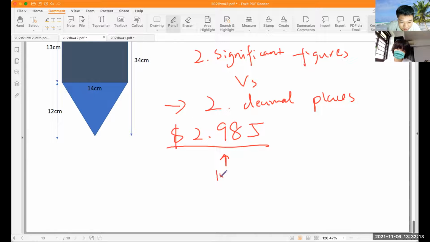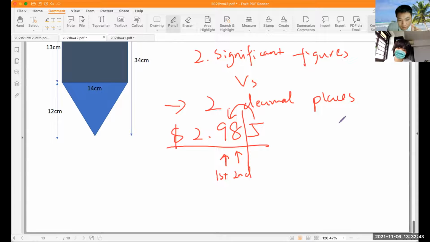This is your first decimal place, this is your second decimal place, so you need to convert to 2 decimal places. You draw a line here, then you ask yourself whether this third decimal place is big enough for you to add 1 to the front digit.